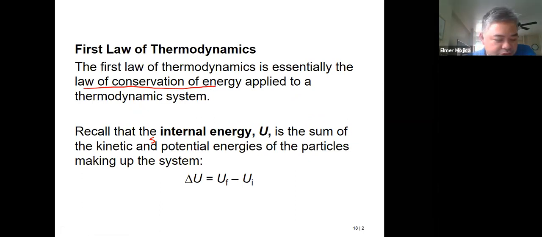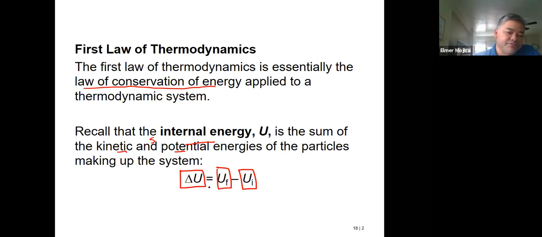So if you're going to recall your first law of thermodynamics, the internal energy is just the sum of the kinetic and potential energy of the particles that make up the system. Okay, so usually you look at this change in internal energy as the internal energy in the final condition minus the internal energy in the initial condition.